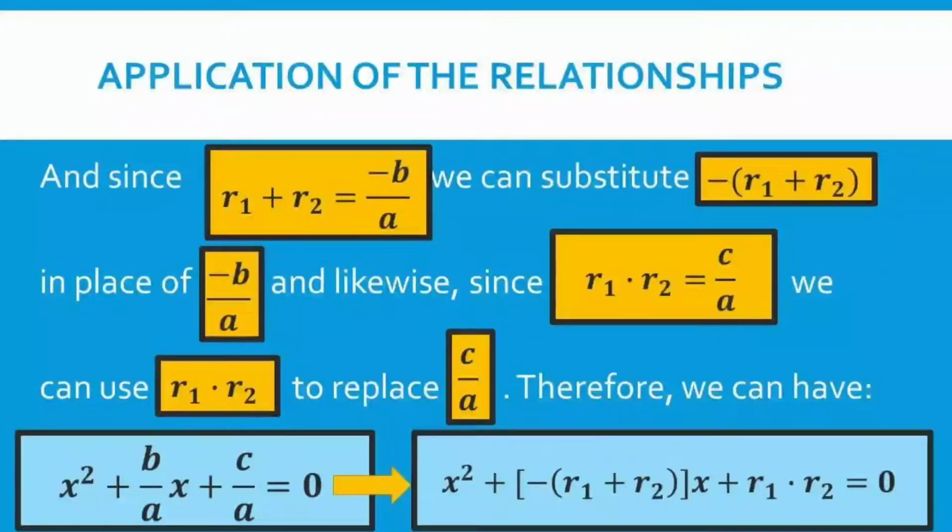Then therefore, x squared plus b over a x plus c over a equals 0 becomes x squared plus the negative value of r sub 1 plus r sub 2 x plus r sub 1 times r sub 2 equals 0.